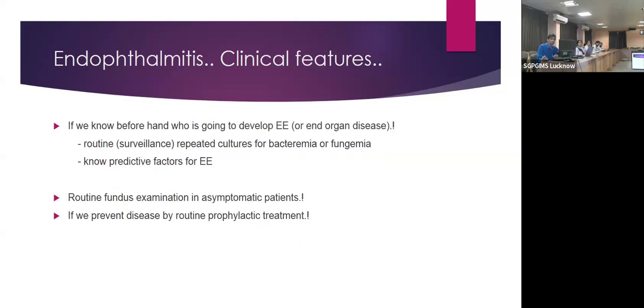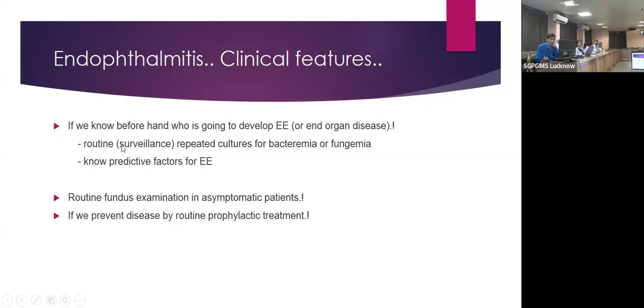Now, people actually facing all these problems started going in another direction. Somebody asked why we should not know beforehand that a patient is going to develop endogenous endophthalmitis or any end organ disease similar to this.